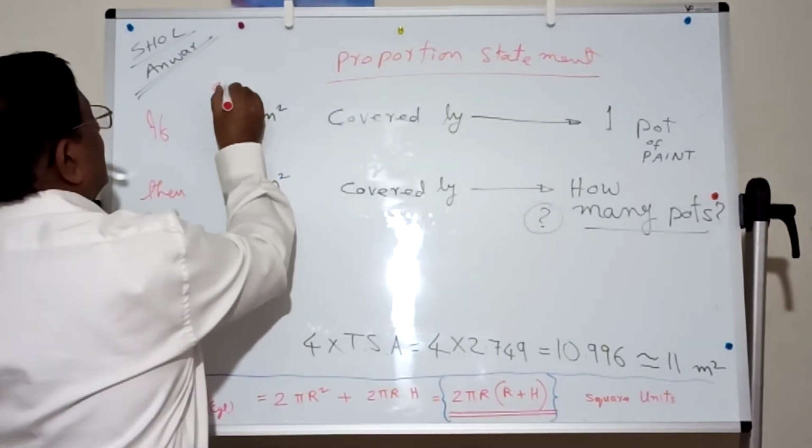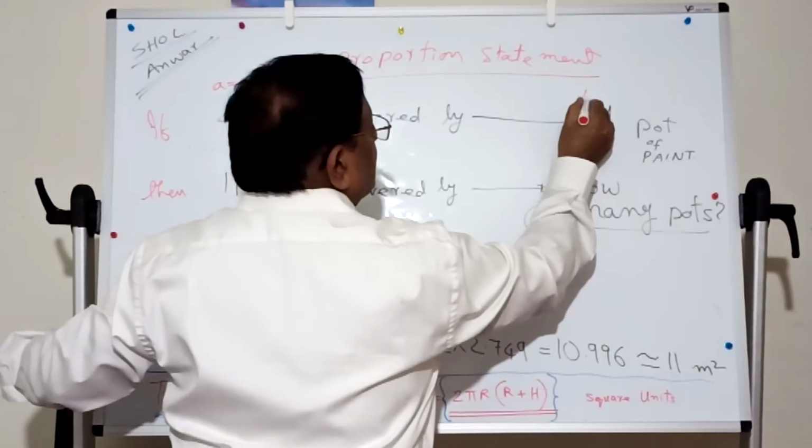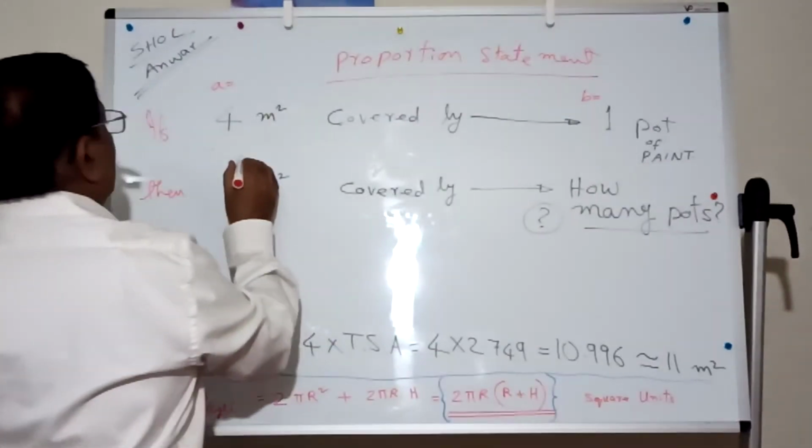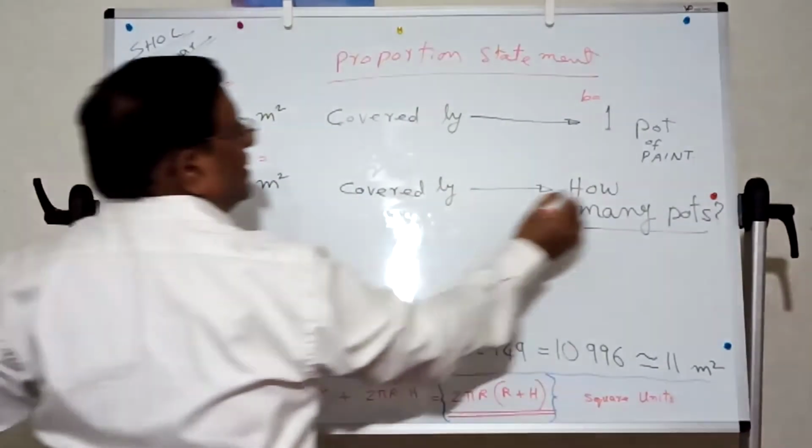So if this is A, this is B, and this is C, what is the formula?